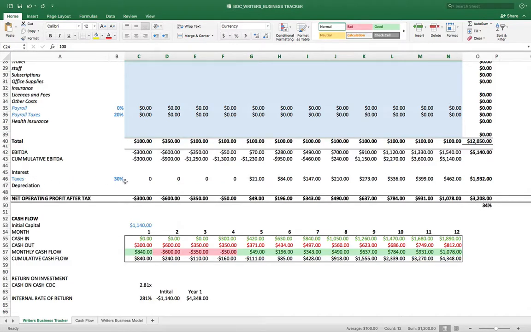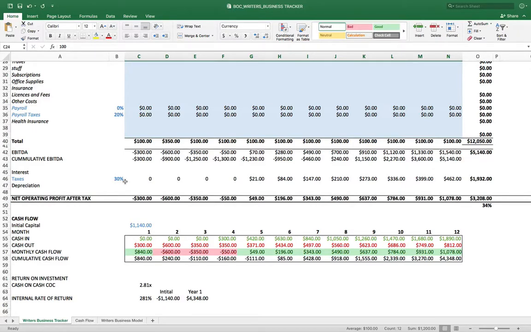Taxes, this is a question we get a lot: how do I determine what my taxes should be? So if you are making more than $400 selling books, you need to report that income and you need to pay not only the applicable state and federal income taxes in the United States, other places I can't really comment on, but you also need to pay what's called self-employment tax.